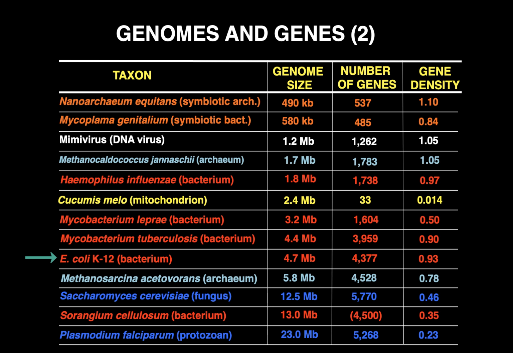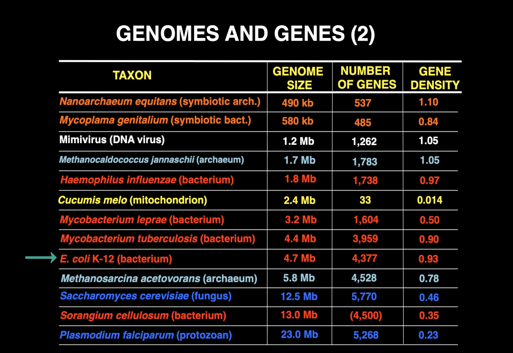coli is about 0.93. So you can see that for bacteria, the gene density is staying right around 0.9 to 1.0, sometimes a little lower for Mycobacterium, down to 0.5, but it's remaining fairly constant.